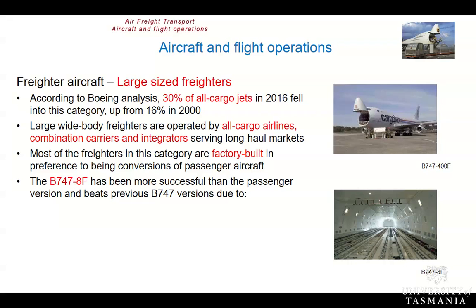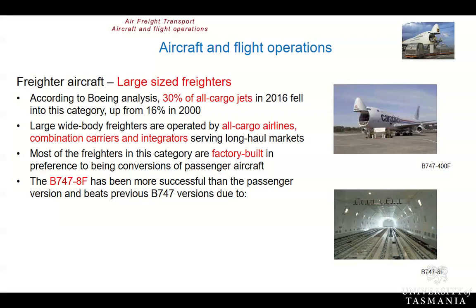And some of those new freighters have actually been more popular than the corresponding passenger version. So typically your Boeing 747-8 passenger version ultimately wasn't as successful as the Boeing 747-8F.